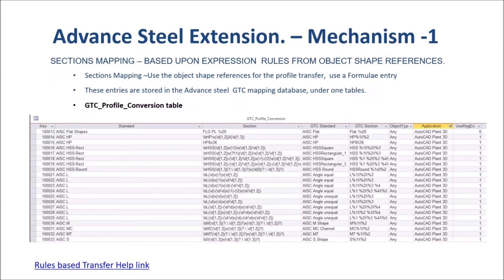Each reference shape is broken down into a reference in the source platform it's coming from to what it's being driven to, and that can be assimilated into a string, a code, with the various parameters for the height and the width, etc. And normally the application is designated as well within the table. I've just added a little screenshot into the slide to give you a flavor for what's actually in the table inside the database.